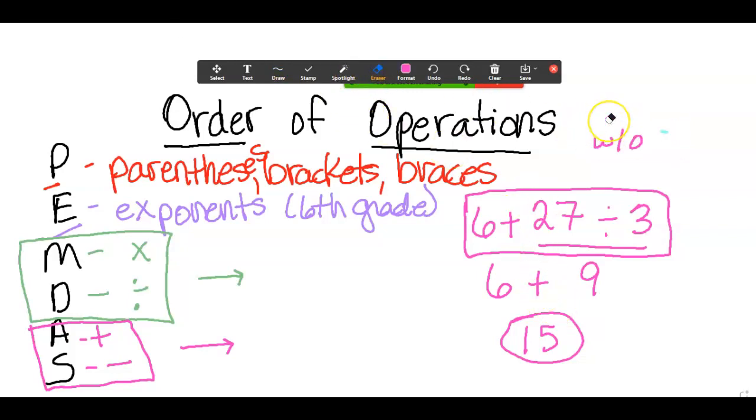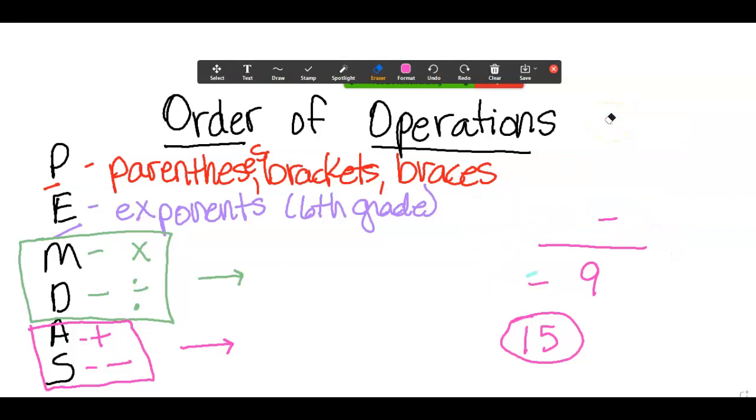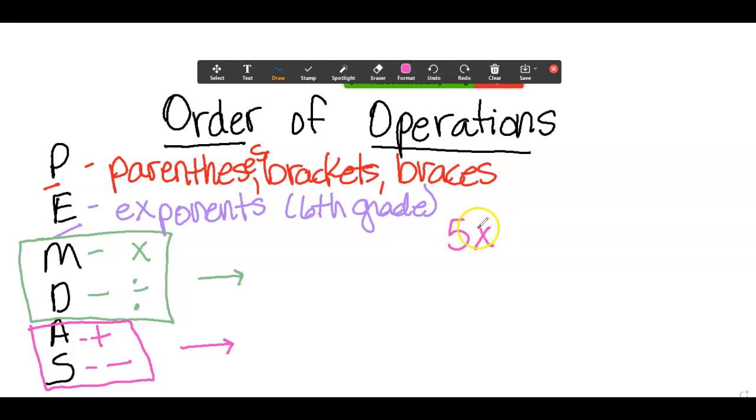So let's go ahead and do another one. 5 times 2 plus 12 divided by 6.